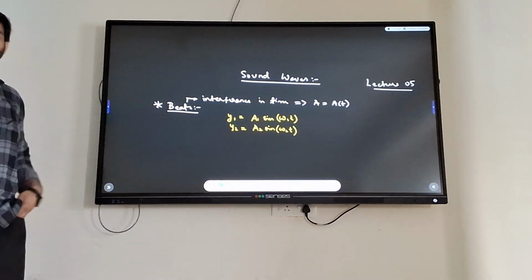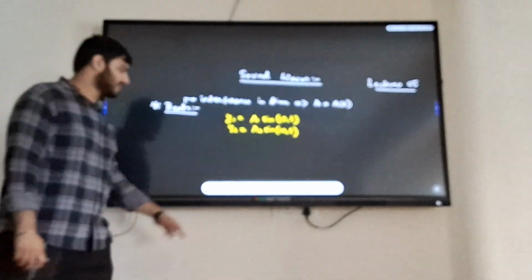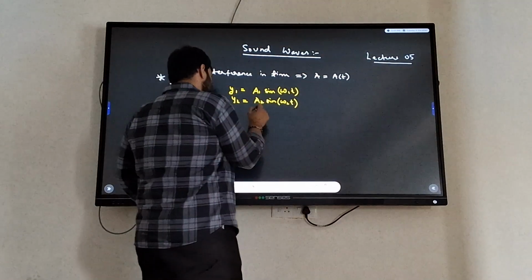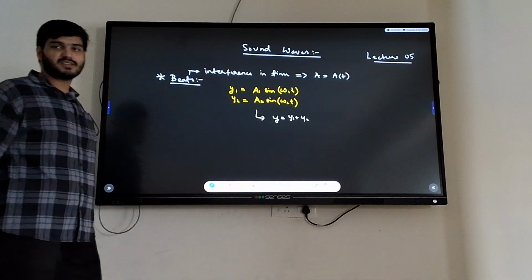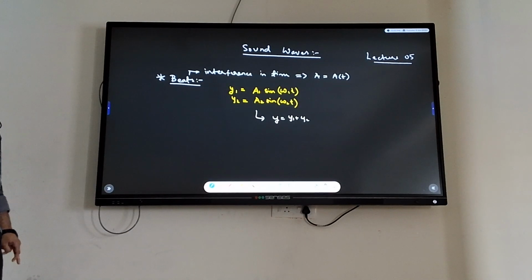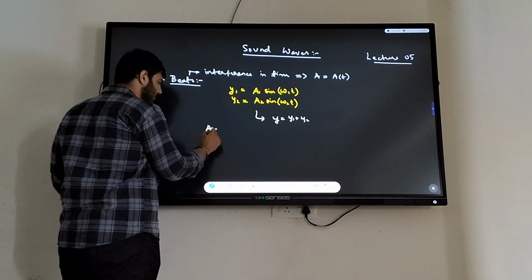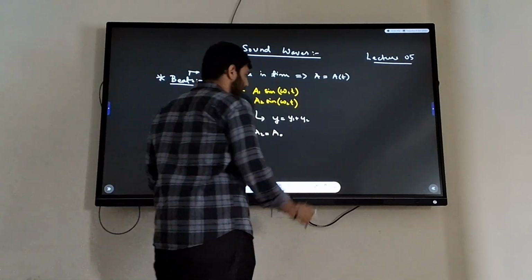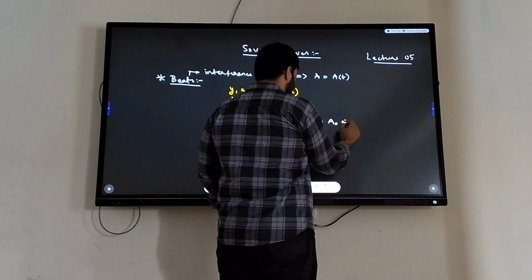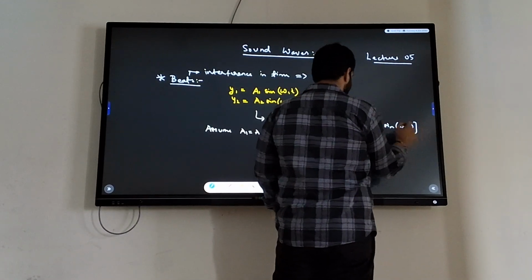When you hear it at a certain location, the final thing will be the superposition of the two: by the superposition principle, y = y1 + y2. Assume for simplicity that the amplitudes are equal, a1 = a2 = a0. Then you get a0 (sin omega1 t + sin omega2 t).